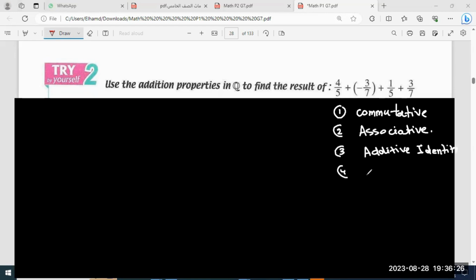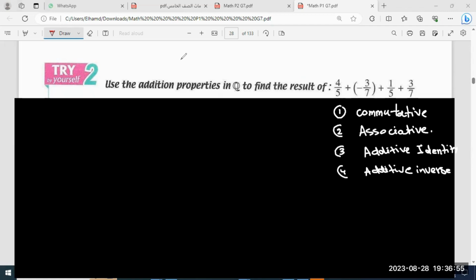And number 4 is additive inverse, where you just change the sign. We had closure too, but we will not use it more. We will use only commutative, associative, additive identity, and additive inverse. We will use them more than closure.